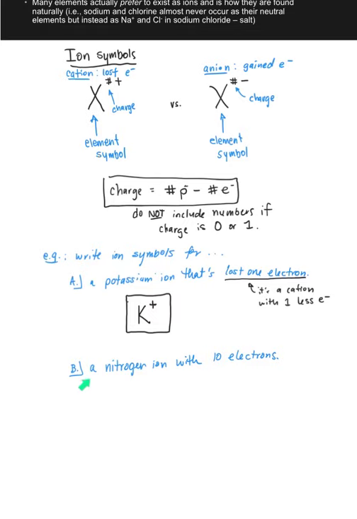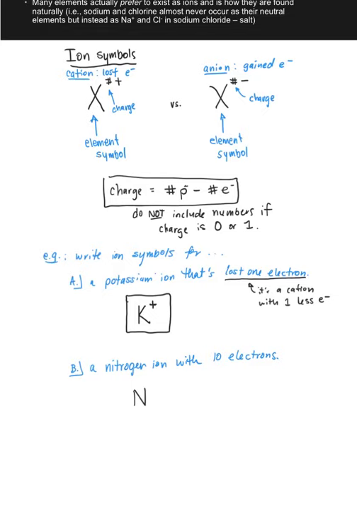In the second example, a nitrogen ion has 10 total electrons. Nitrogen has the symbol N from the periodic table. But now we're told that it has 10 total electrons, not that it's lost some or gained some. So it's our job to figure out which of those two nitrogen has done.